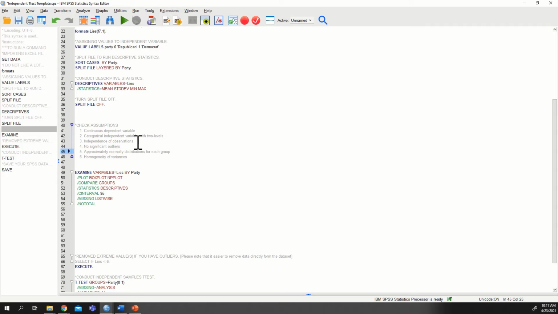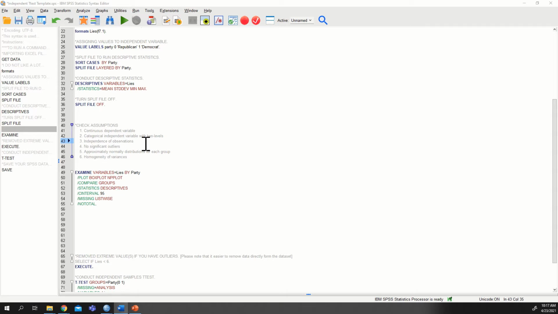The third assumption that needs to be met, and probably the most imperative one, is independence of observations. When we talk about that, we are mentioning that we're not doing any pre-post tests, so the person or people on the first measurement are not measured again.